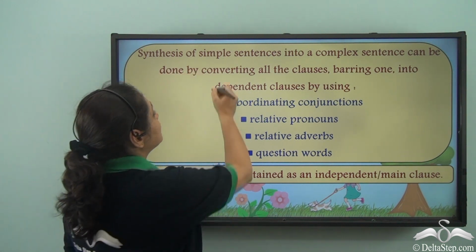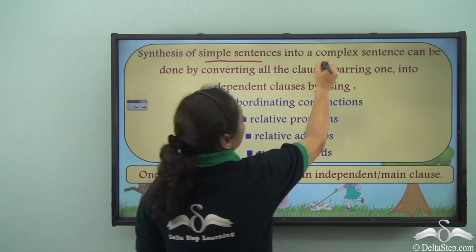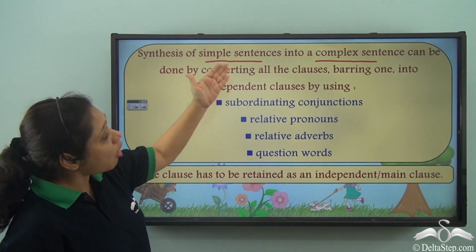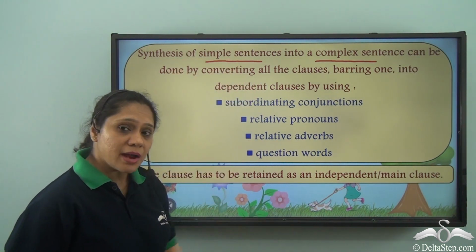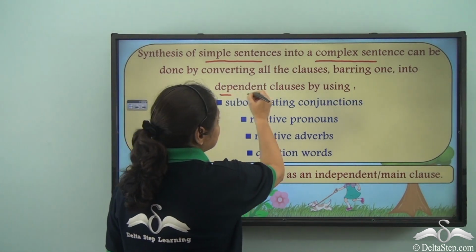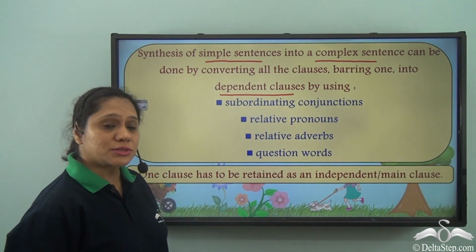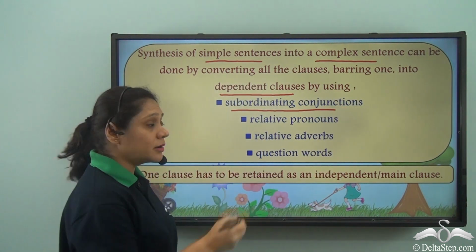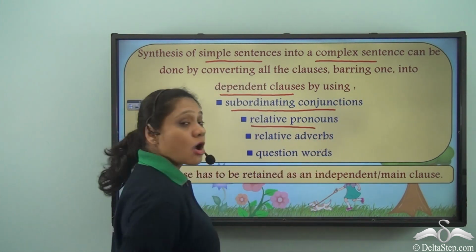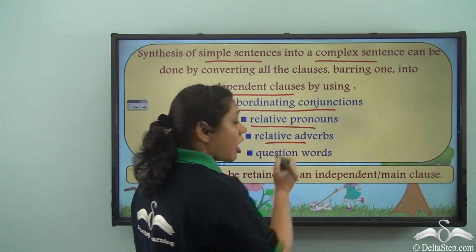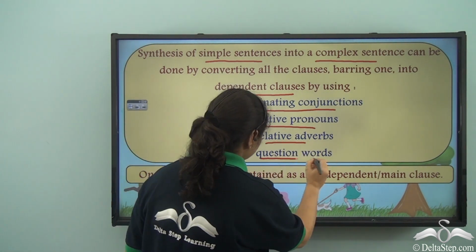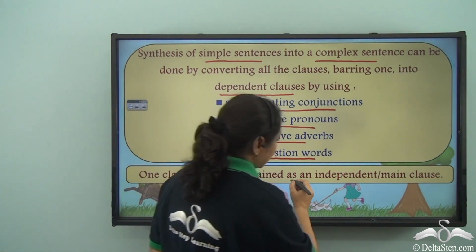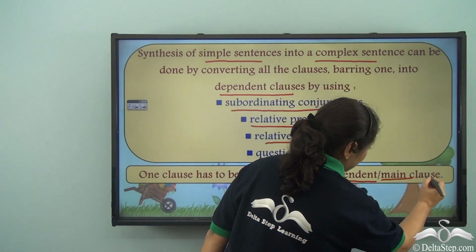Synthesis of simple sentences into a complex sentence can be done by converting all the clauses barring one into dependent or subordinate clauses by using subordinating conjunctions or relative pronouns or relative adverbs or question words. One clause has to be retained as an independent or main clause.